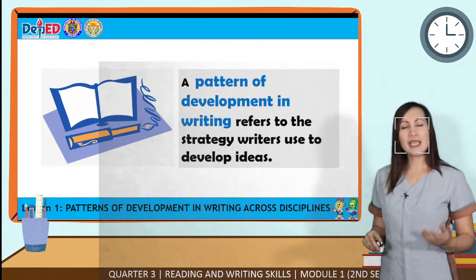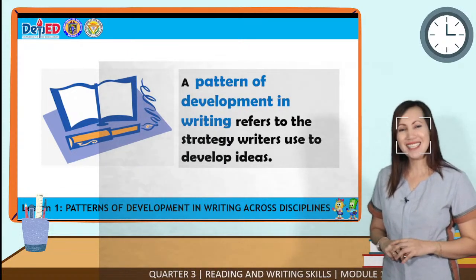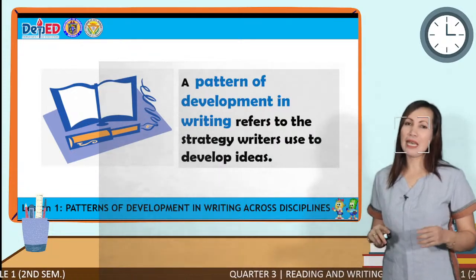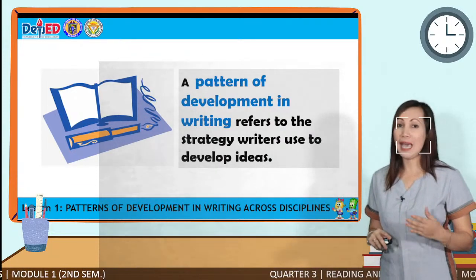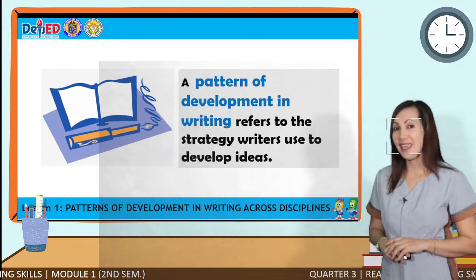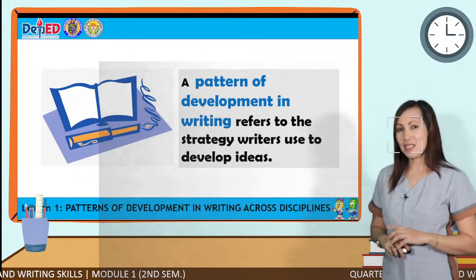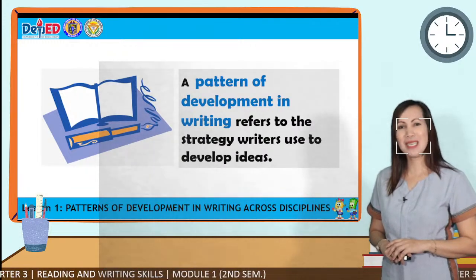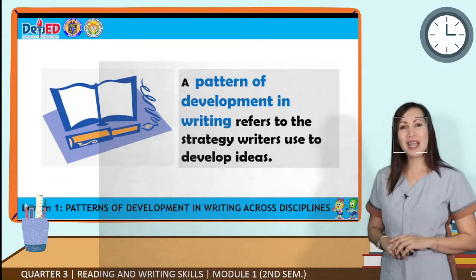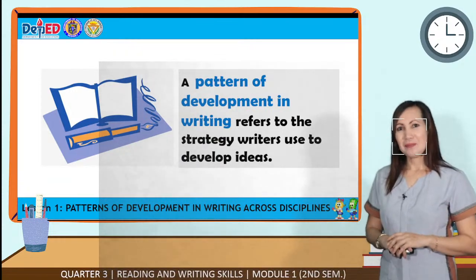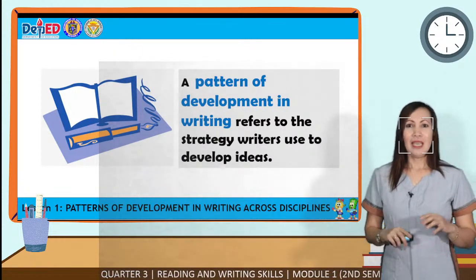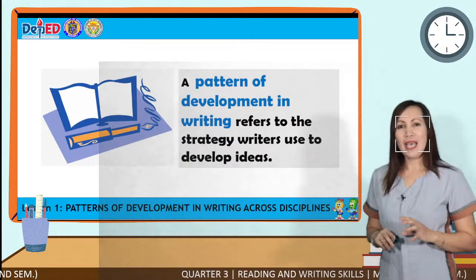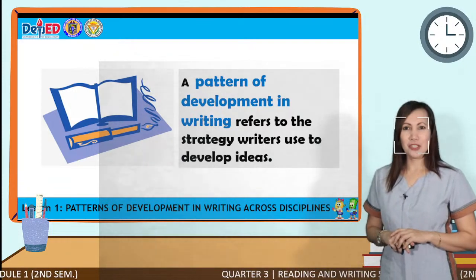And when you tell a story about your first date, you are actually using narration. And when you describe or give the classifications, categories, or types of a certain thing, you are using classification. And when you define concepts in sciences, business, and humanities, you are using definition.